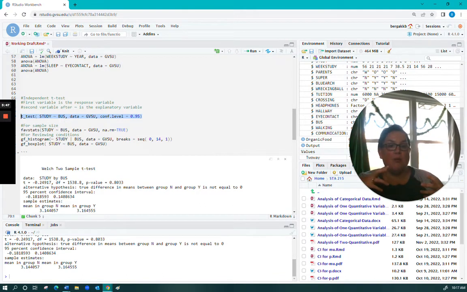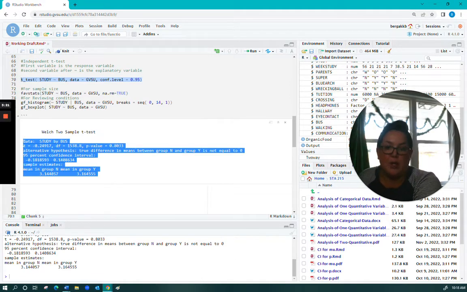So technically, the quantitative variable that you want to compare is going to be the response variable. Here that would be study time, and then the explanatory variable is the grouping variable. Here it's yes, they ride the bus, no, they don't ride the bus. So essentially we're saying we think that riding the bus would explain how much study time, and that's how it gets the explanatory-response terminology.